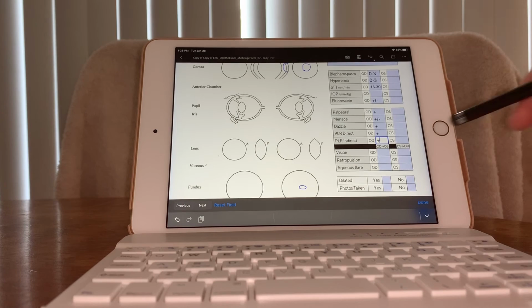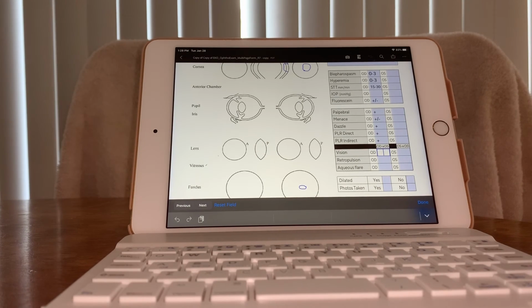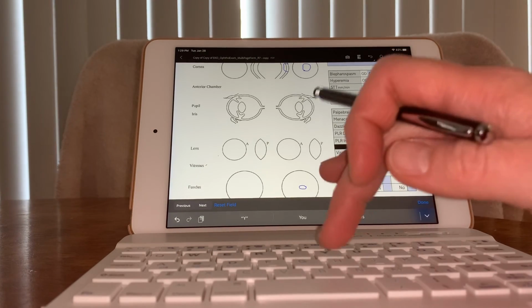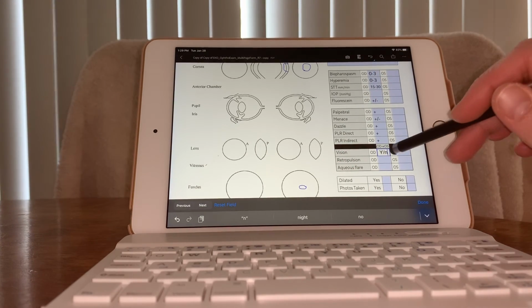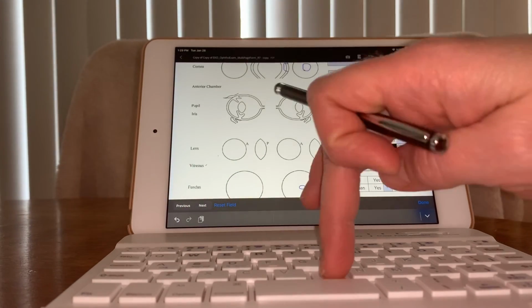Vision is typically assessed when the patient walks in the door and walks around the examination room. And that I typically would represent with a yes or a no. Retropulsion is whether when I push the eye back into the orbit, whether it's normal or whether it's abnormal. So if you have some resistance to retropulsing the eye, then I would probably write abnormal.